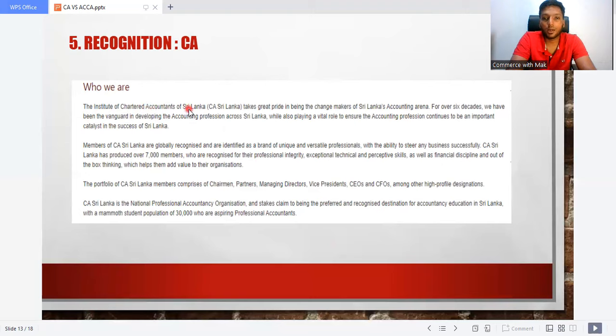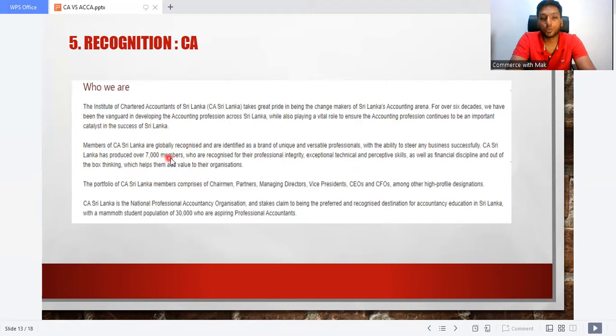The Institute of Chartered Accountants of Sri Lanka takes great pride in being the change makers of Sri Lanka's accounting arena. For 6 decades we have been the vanguard in developing the accounting profession across Sri Lanka, while also playing a vital role to ensure the accounting profession continues to be an important catalyst in the success of Sri Lanka. Members of CA Sri Lanka are globally recognized and are identified as a brand of unique and versatile professionals with the ability to steer any business successfully.